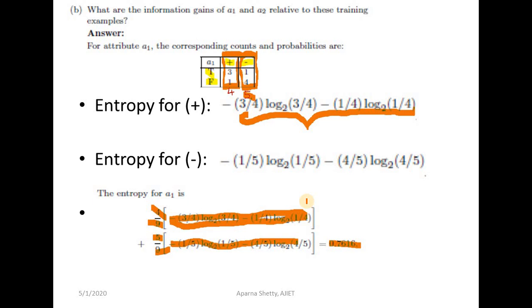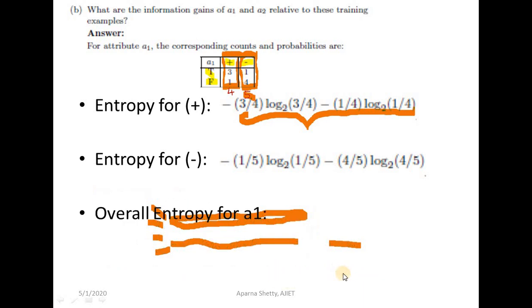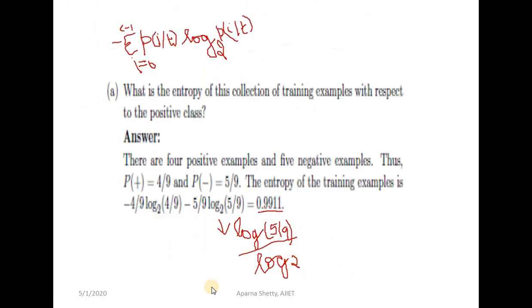Next we have to calculate the information gain. They have asked to calculate the information gain of A1. First we will see A1, then we will go for A2. So the information gain for A1 is given by the entropy of the parent minus the entropy of the child. The entropy of the parent we have already calculated, that is 0.9911.